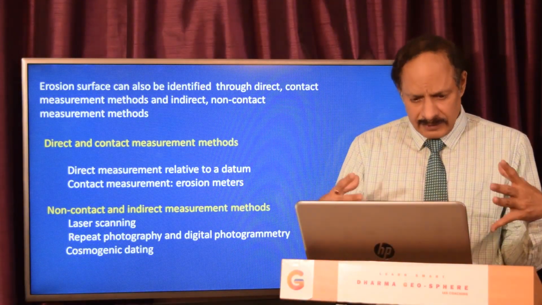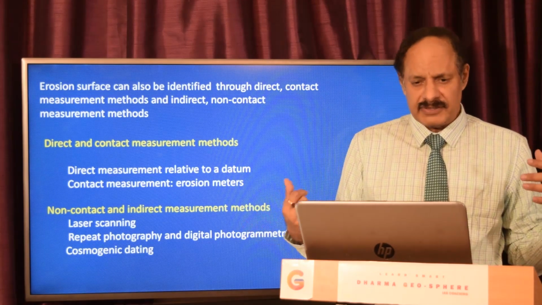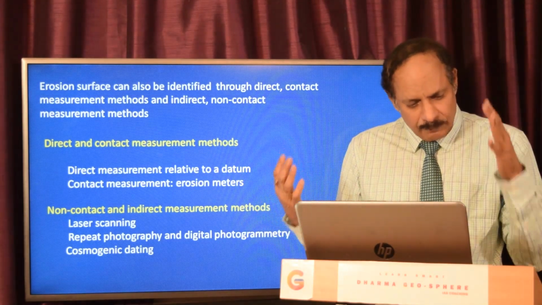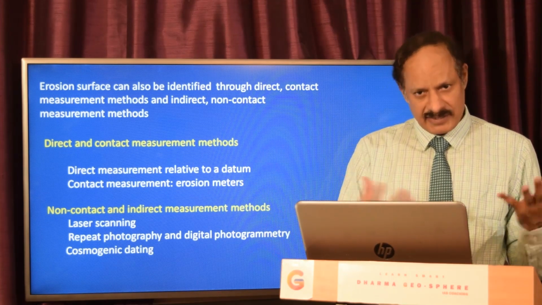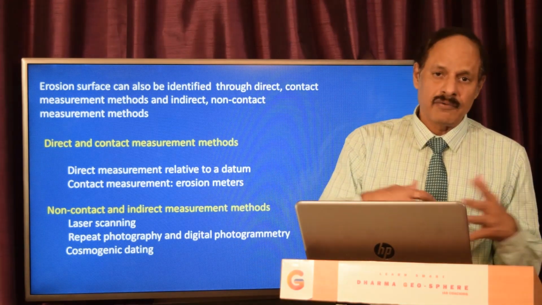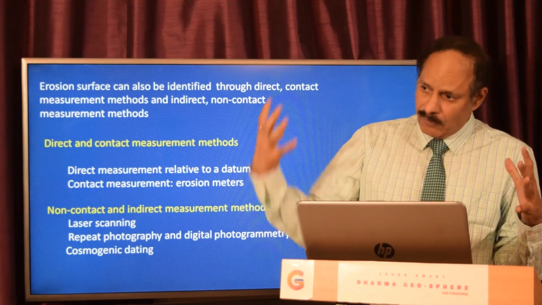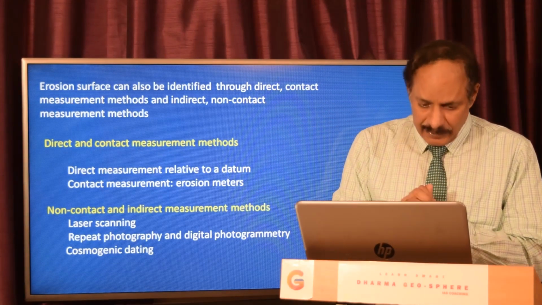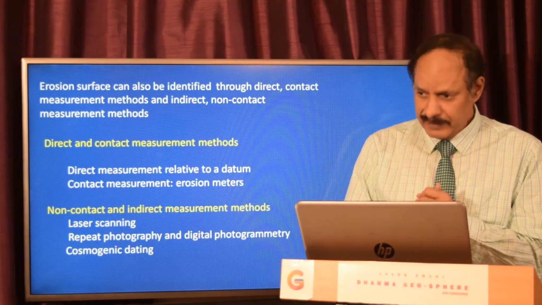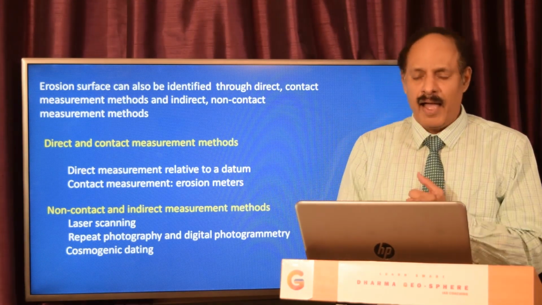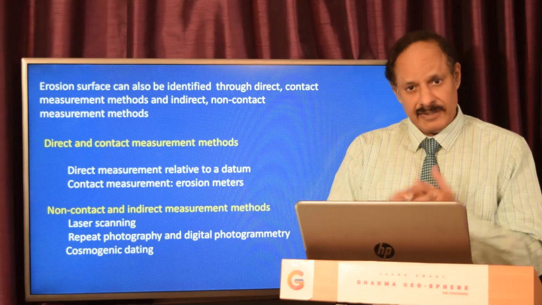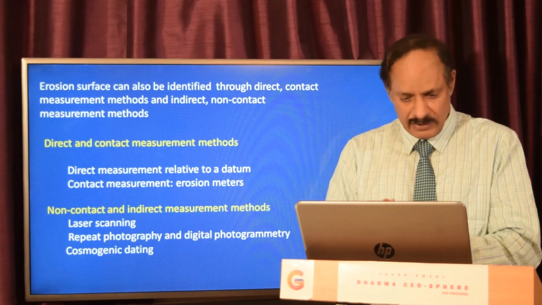And then there are more modern methods where you combine the geomorphological identification, as I have said, with radiometric methods, and also satellite and laser scanning and repeat photography. Then you can combine these and easily identify the erosion surface.